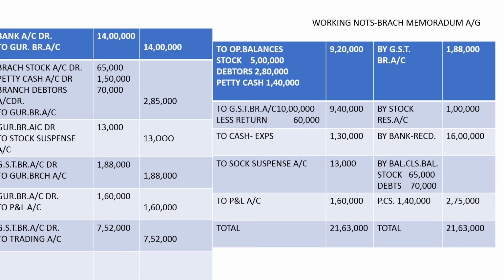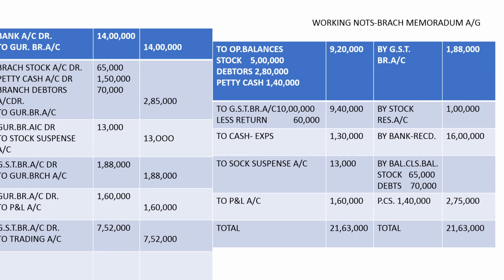To stock suspense. On the credit side we are having closing stock 65,000. So 1/5 of that would be 13,000 to stock suspense account. So net profit is coming 1,60,000 which we will transfer to profit and loss account. On the credit side, by goods sent to branch account 1,88,000.